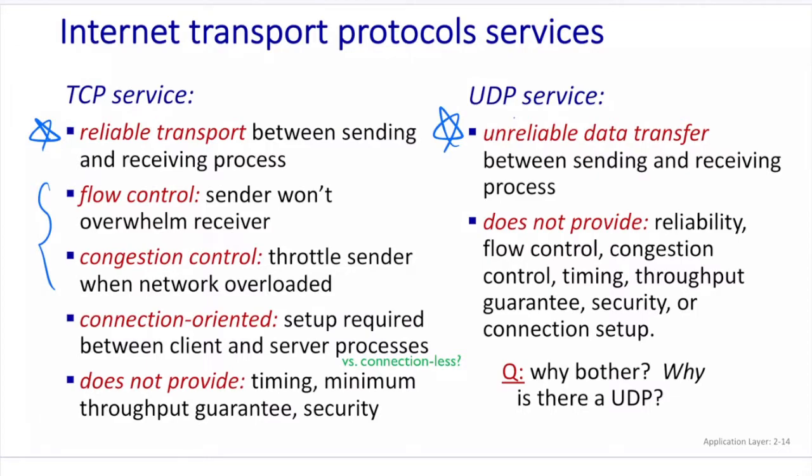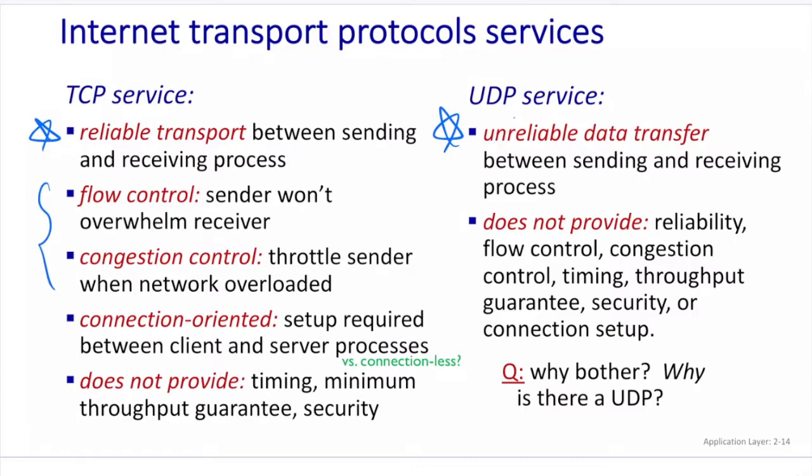So the operating systems at the transport layer at both sides need to negotiate with each other to make sure the packets sent from the sender will not overwhelm the receiver.